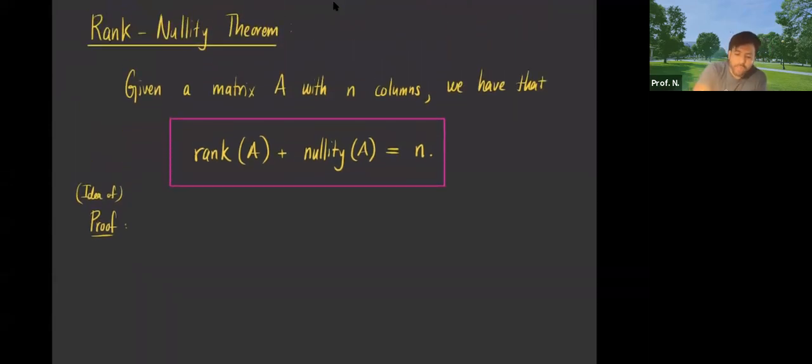The number of columns of the matrix A, when you take A as a coefficient matrix of a linear system, is like saying the number of variables. The number of columns of A has to coincide with the number of variables of your system.